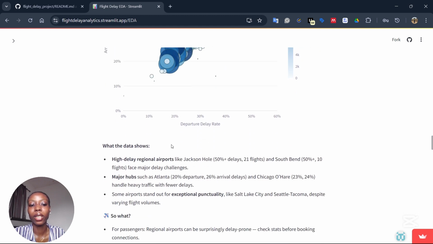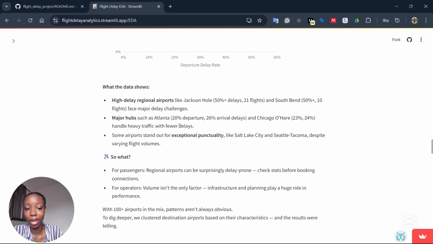So what the data shows is that high delay regional airports like Jacksonville and South Bend face major delay challenges. Major hubs like Atlanta and Chicago handle heavy traffic with fewer delays. Some airports stand out for exceptional punctuality, like Salt Lake City and Seattle-Tacoma, despite varying flight trends.